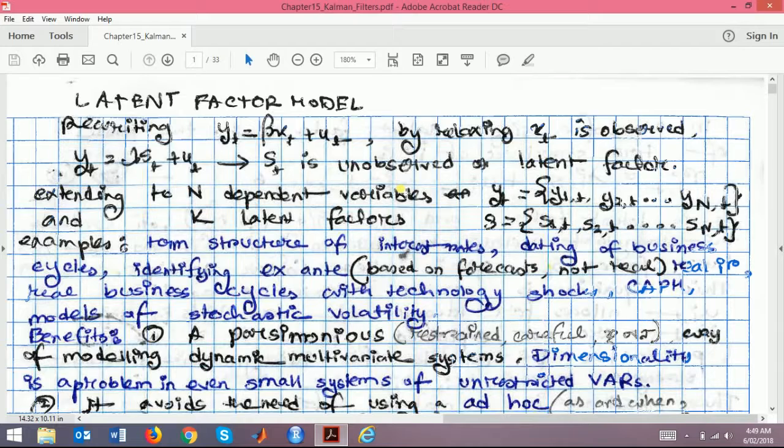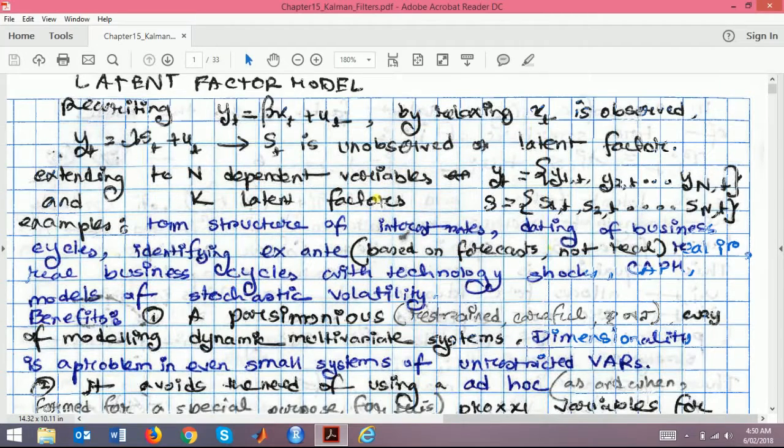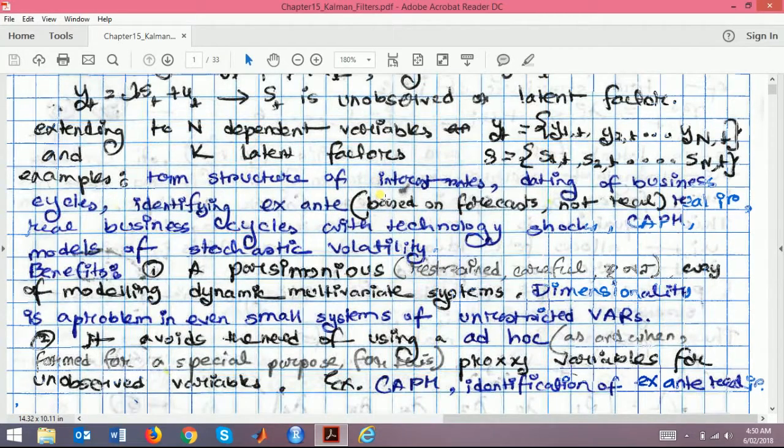Extending to n dependent variables, y equals y1 to yn, and k latent factors, s equals s1, s2 to sk. Examples: term structure of interest rates, business cycle dating, identifying ex ante real interest rates that are based on forecasts, real business cycles with technology shocks, KPM models of stochastic volatility.